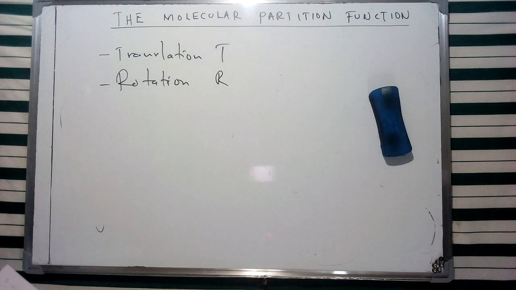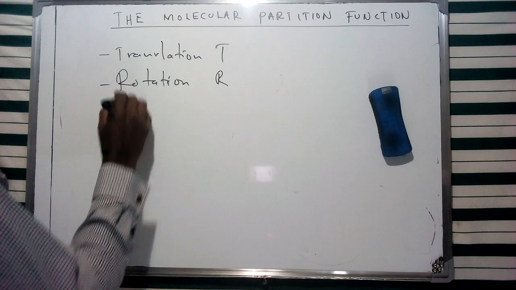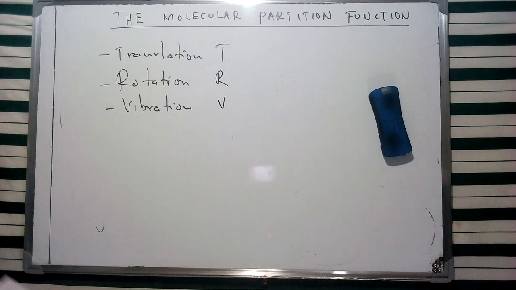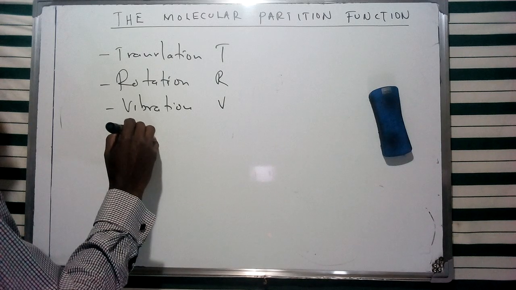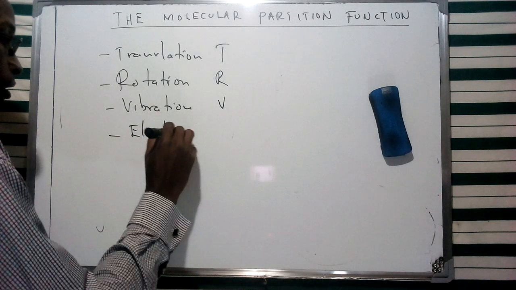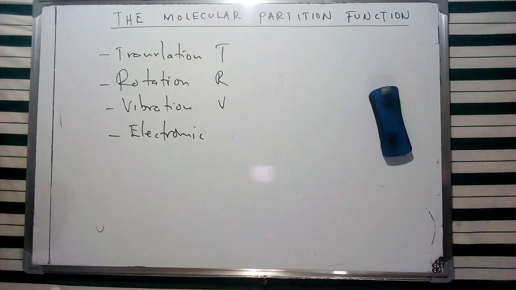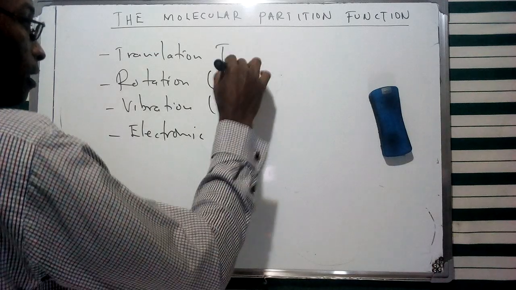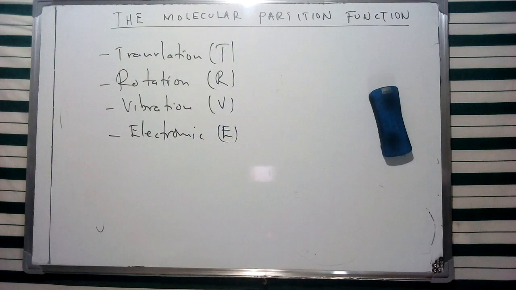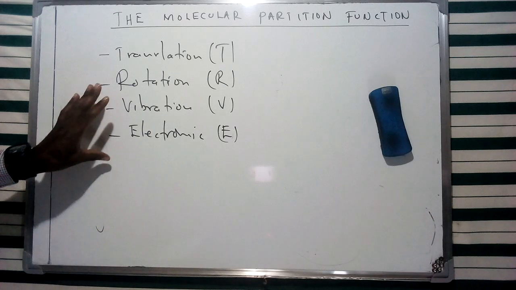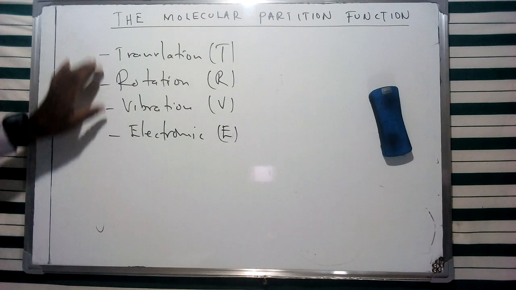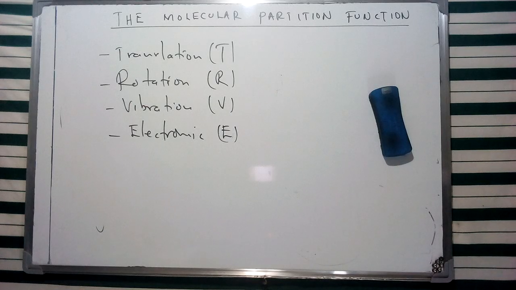And we are going to have also an energy due to the vibration aspect of this atom, and that's going to be represented in terms of V, and then we can have the electronic energy, or the energy due to the electronic aspect of that specific atom, given in terms of E. So these are the various types of states, or types of motion, that we're going to have in describing a molecule.